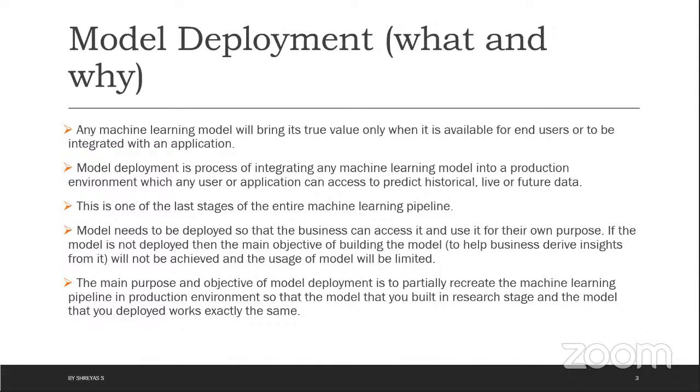Model deployment is one of the last stages. There are other last stages like model unit testing, model monitoring, and so on. But today we will look into how to deploy a model into a production environment so that users can access it easily. Even the business owner can use the URL to access it easily.